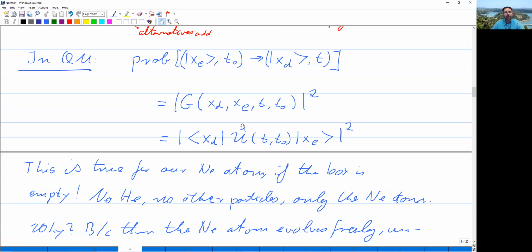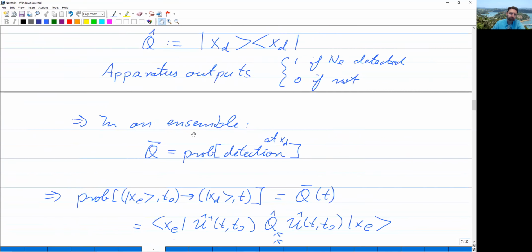Okay, so the probability is given by the Green's function modulus squared. Remember, we gave a name to the complex number in here before we take the modulus square of it. Namely, that is what is called the probability amplitude.